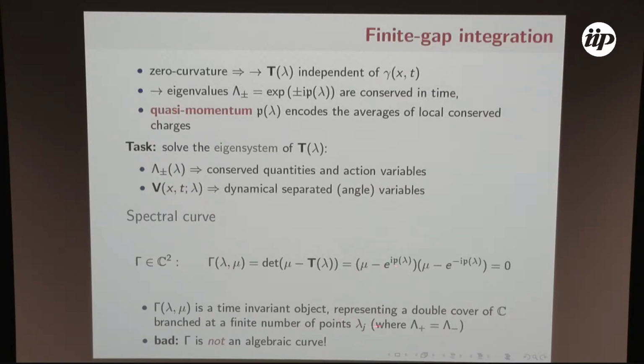These are basically points where the spectrum of the monodromy becomes degenerate. So typically, for a given complex number lambda, you have two distinct eigenvalues, but at some points it happens that the two eigenvalues coincide. Now one would like to understand this object, which is a little bit annoying because, in particular, this equation does not describe an algebraic curve, and therefore you cannot directly use the methods of algebraic geometry.